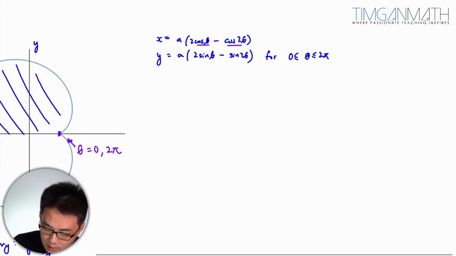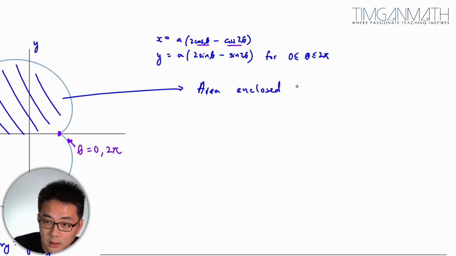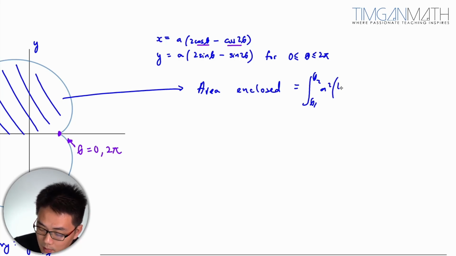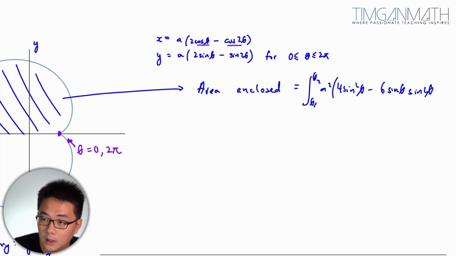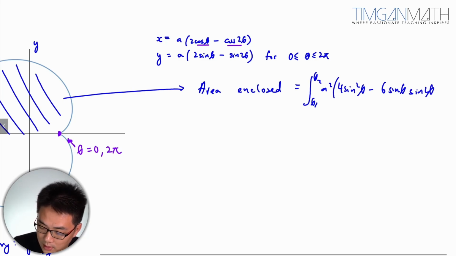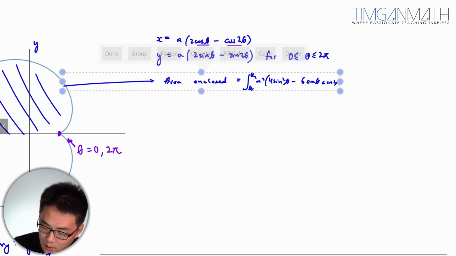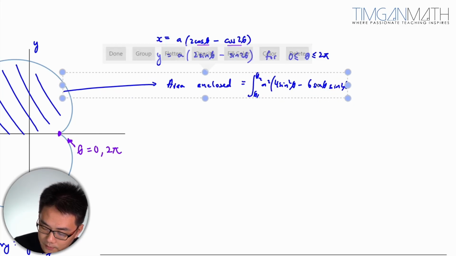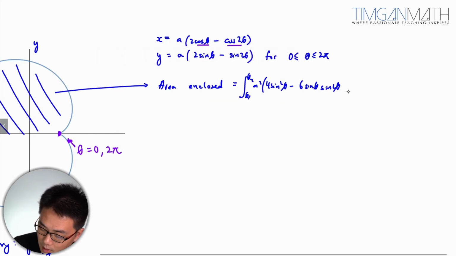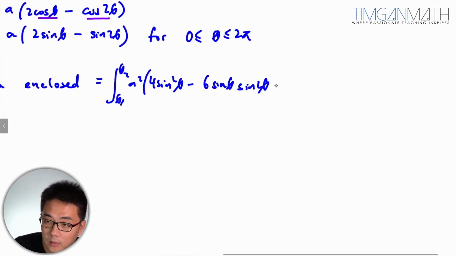We need to show that the area enclosed for the above is from theta 1 to theta 2 of a squared, 4 sine square theta minus 6 sine theta sine 2 theta plus 2 sine square 2 theta. I'm just going to write this down here.